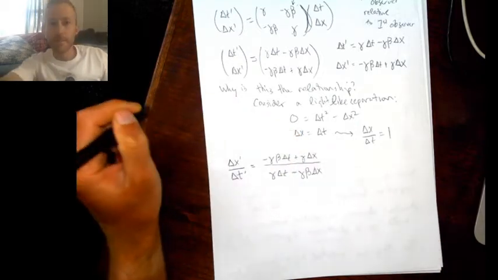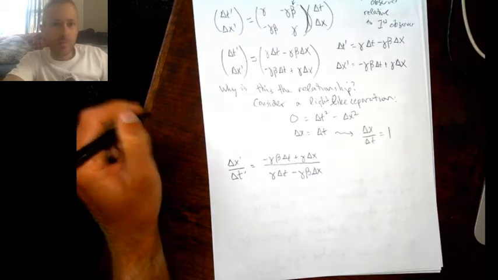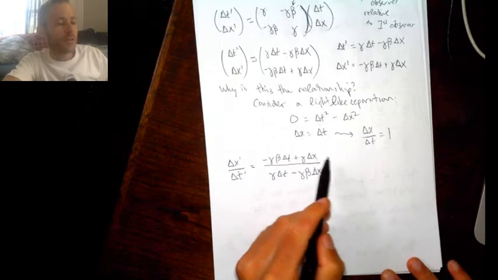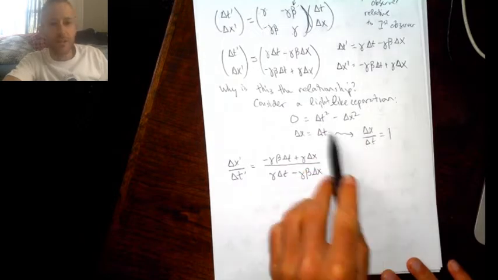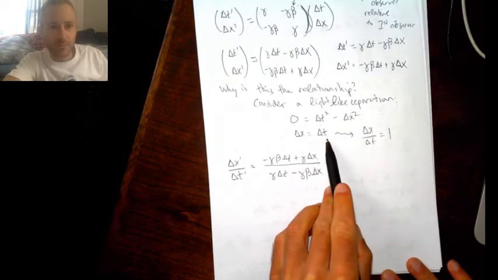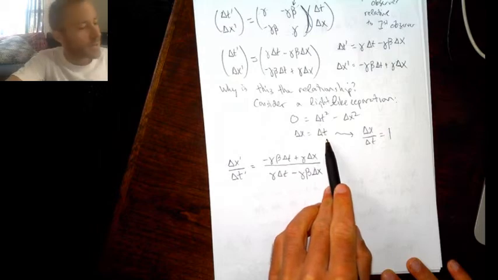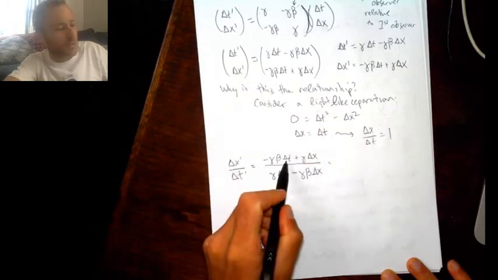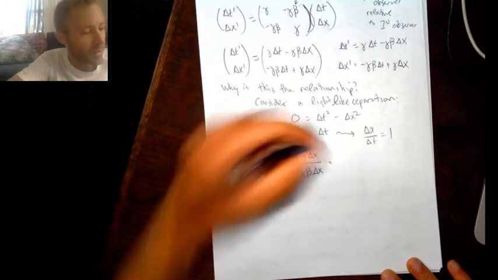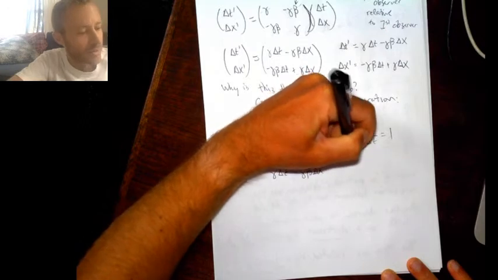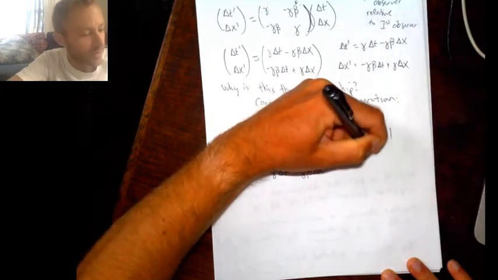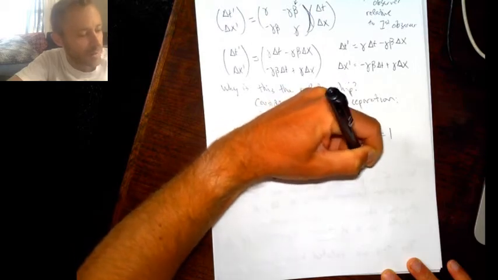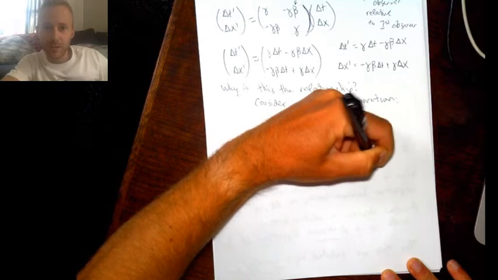Now recall, because it's a light-like separation, delta x equals delta t. So I can go ahead and factor out. This is equal to minus gamma beta delta x minus gamma delta x over gamma delta x minus gamma beta delta x.